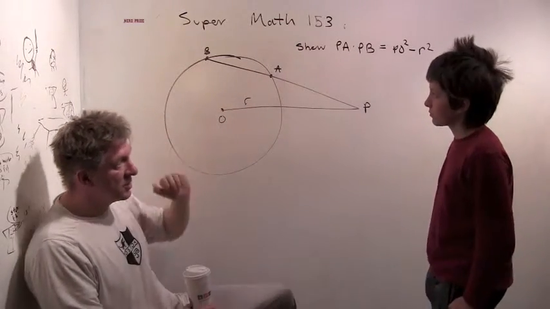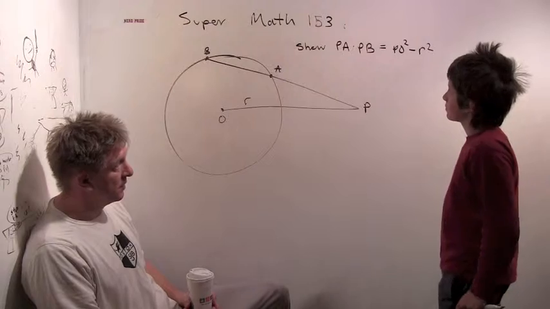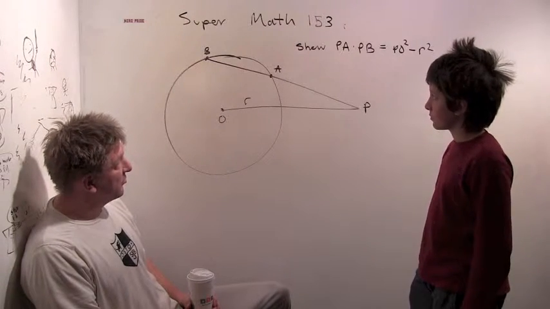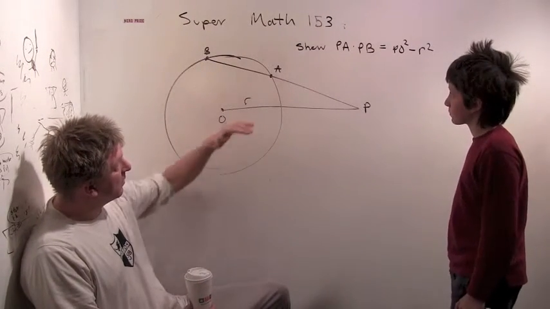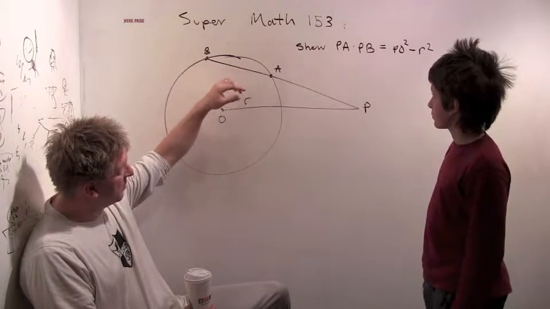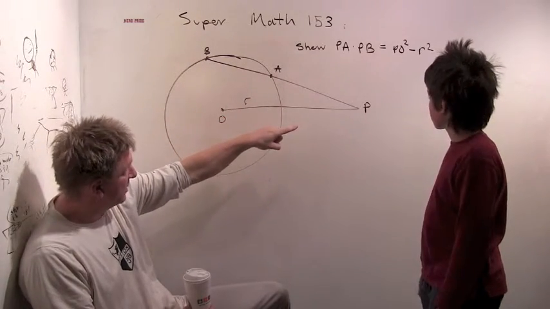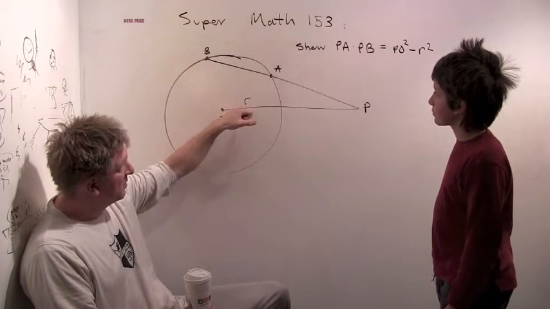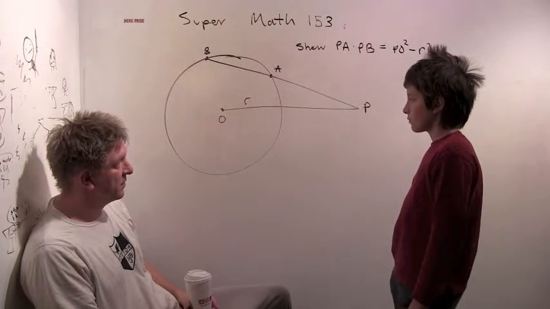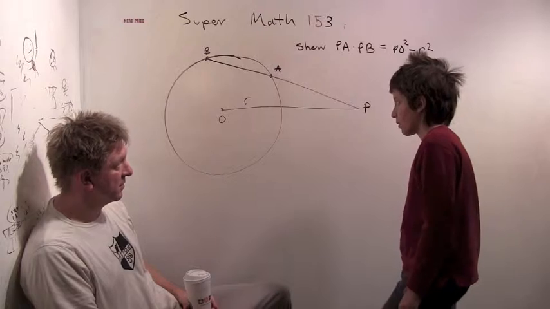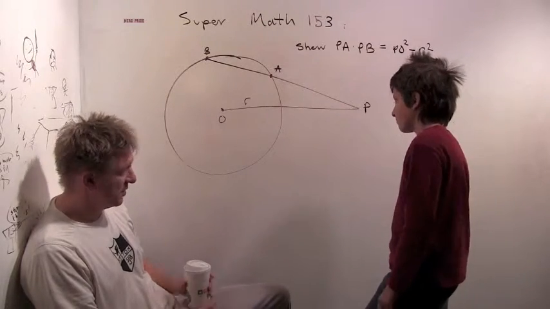It's a very natural question to ask: what is it equal to? What you're going to show here is that the product PA times PB ends up being equal to PO squared, in other words, the distance from P to the center of the circle, minus R squared. Which is very interesting. So how are we going to show this?